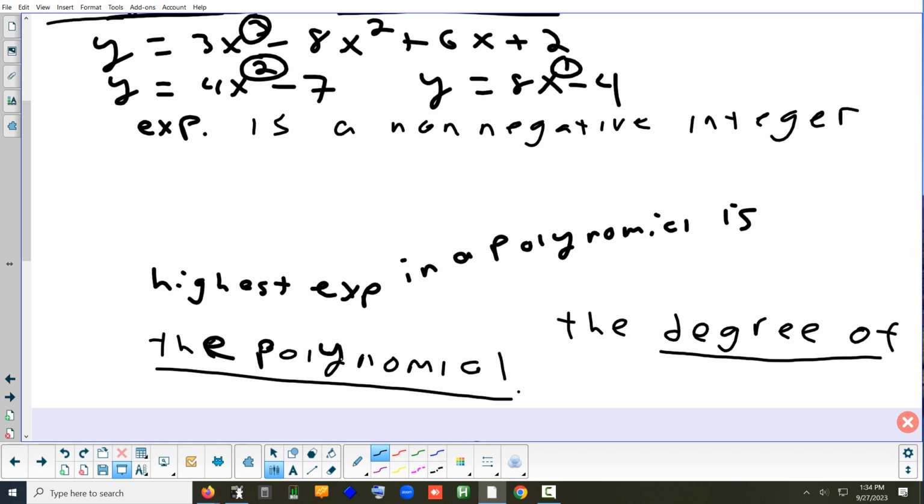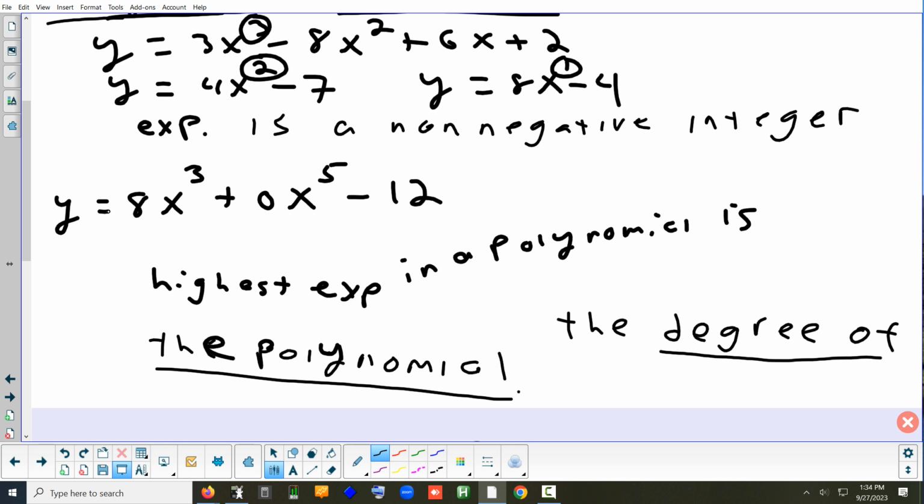Now, you can't do something kind of cheap like this and say 8x cubed plus 0x to the 5th minus 12. That doesn't really count. So in that case, what would be the degree of that polynomial? Yeah, it would be 3.